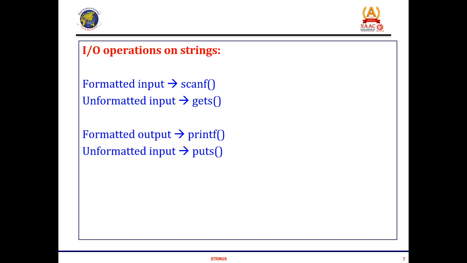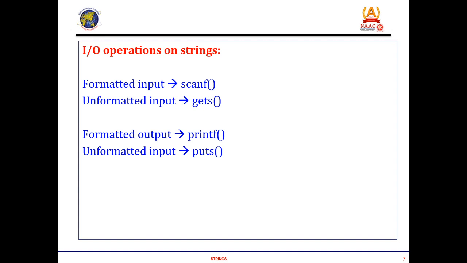But at the same time, apart from scanf and printf, C supports a couple of other library functions which allow the programmer to perform I/O operations. At this point, let us focus on such functions, which are called formatted and unformatted. In front of your screen, you have two input functions and two output functions.